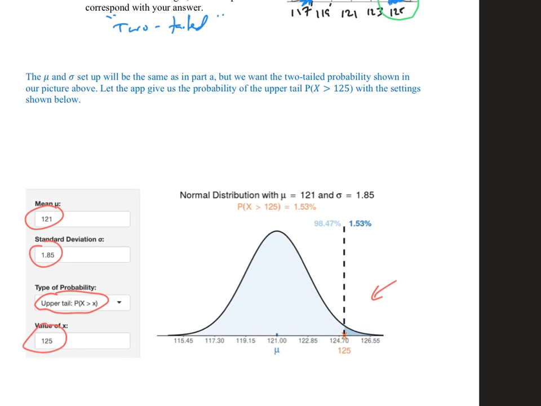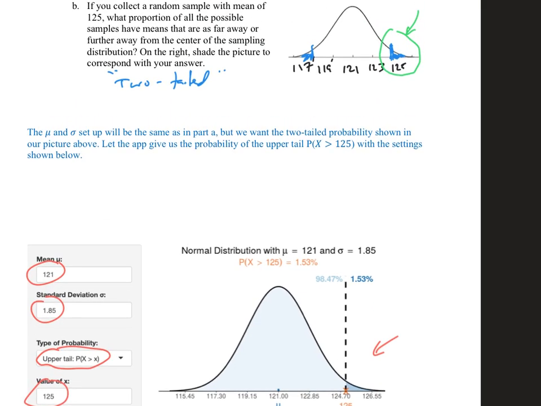So the app tells me that I have 1.53% shaded. That there's 1.53% there, and so the total shading will be 2 times 1.53%, or 3.06%.